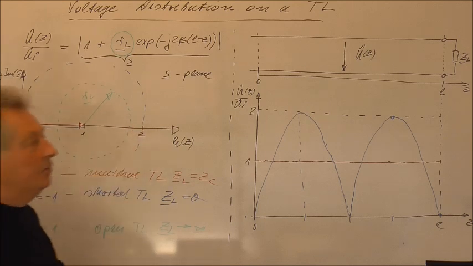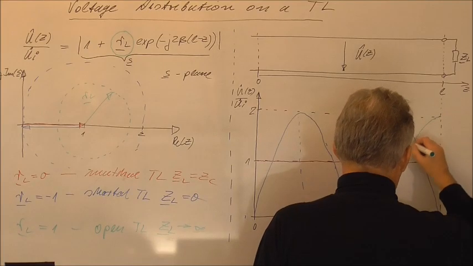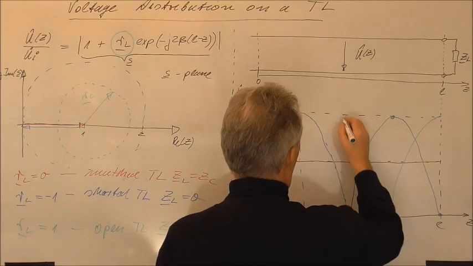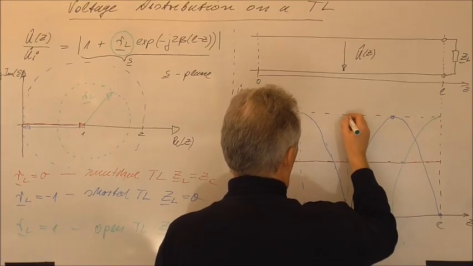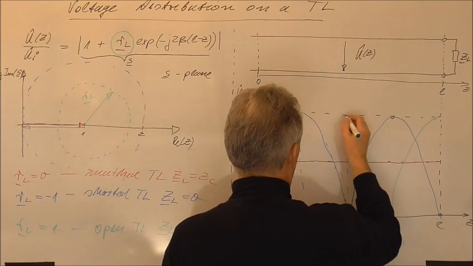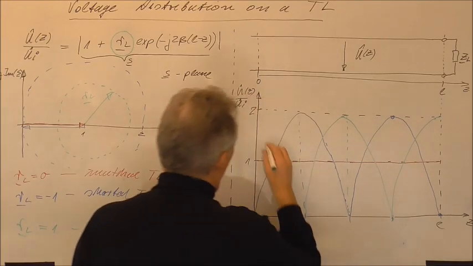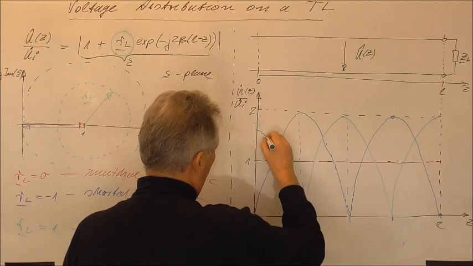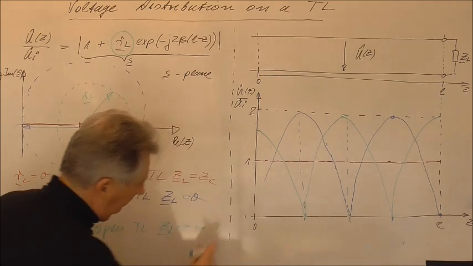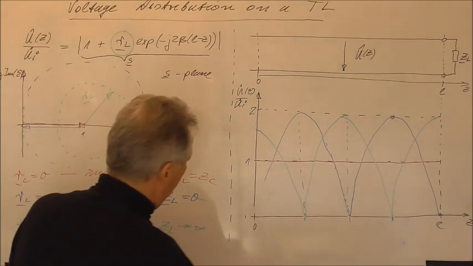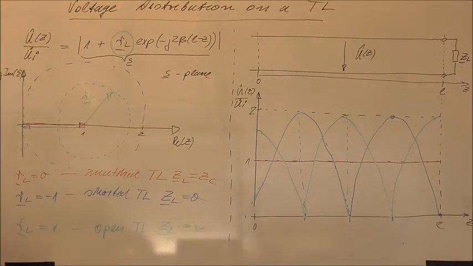This means at the end of the transmission line we have 2 times the incident voltage, and then we will have again a maximum of the voltage, 0 again, and it will almost look like this distribution, though of course here we will not have 0, so it will look almost like this. So this is now the standing wave.